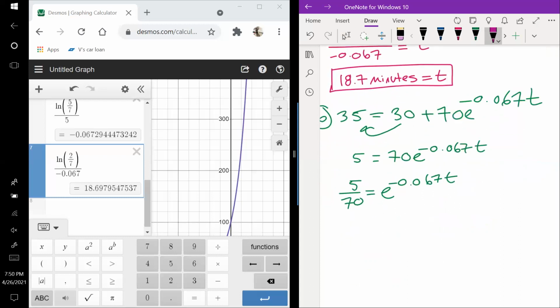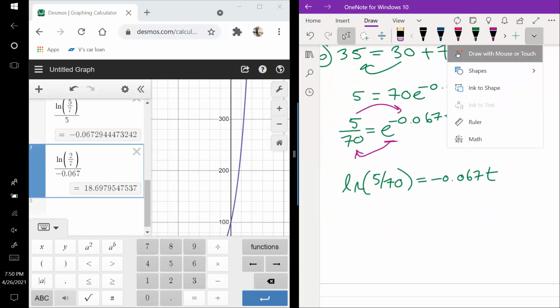And then convert. And we'll have natural log of 5/70 equal to negative 0.067 t. Divide by negative 0.067.